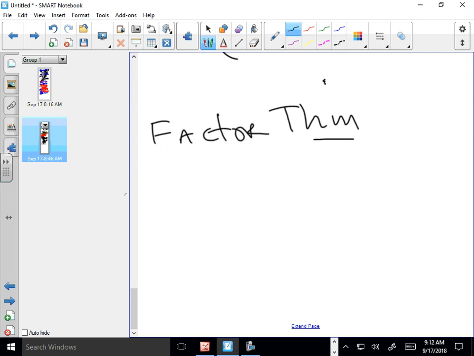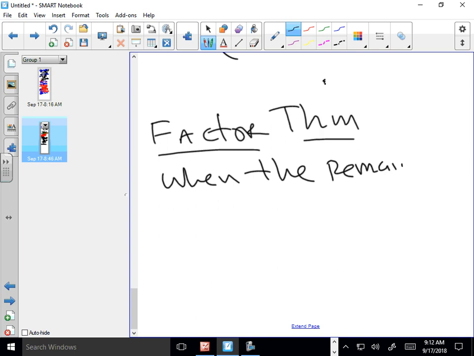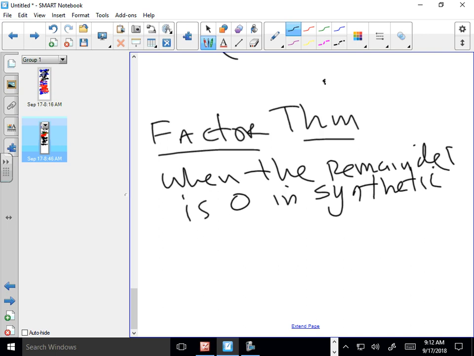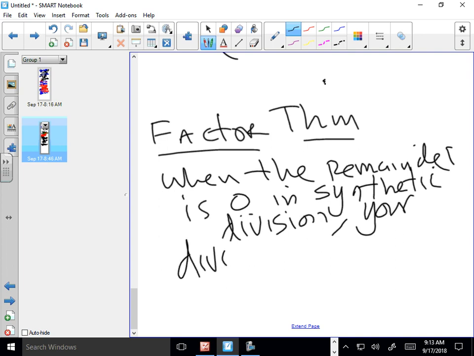Factor theorem. When the remainder is 0 in synthetic division, your divisor is an x-intercept.